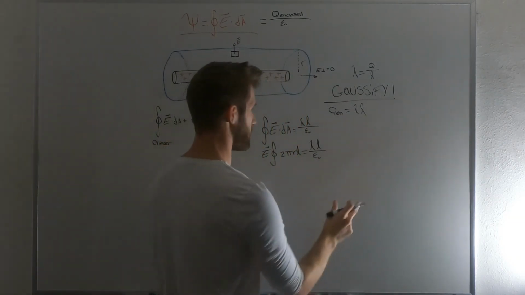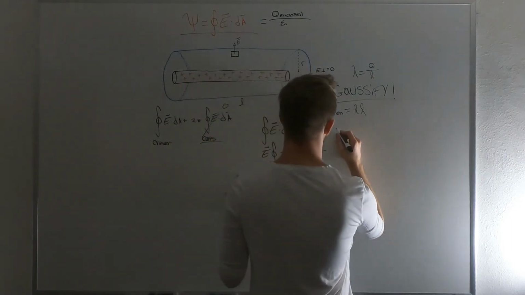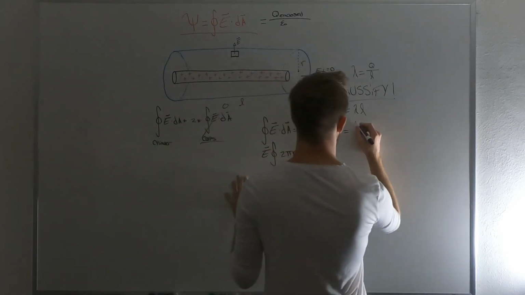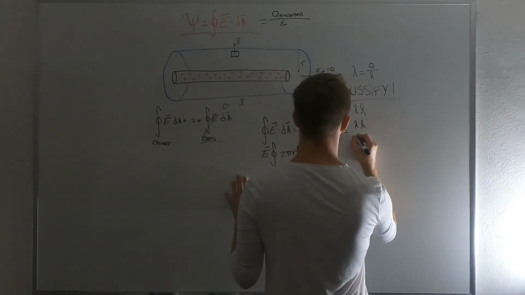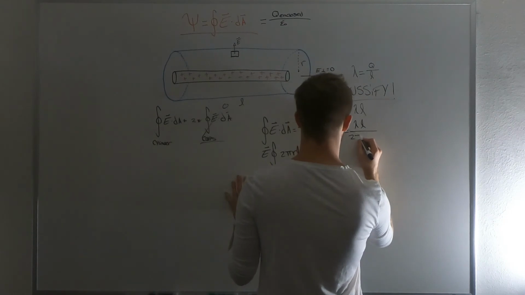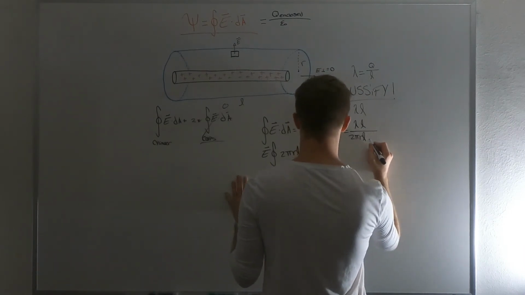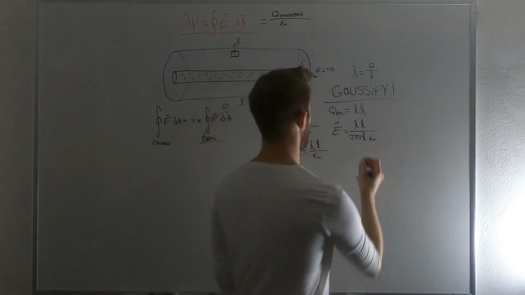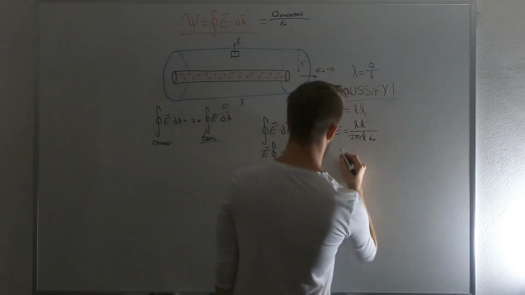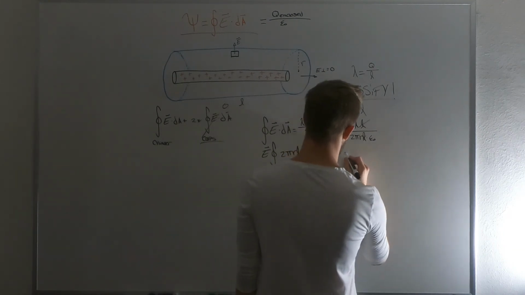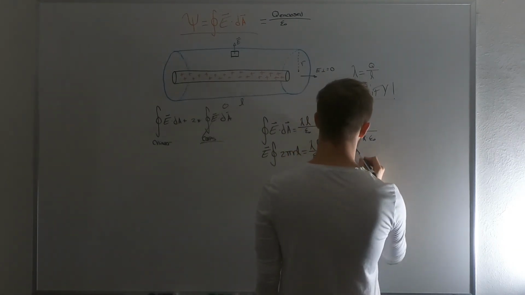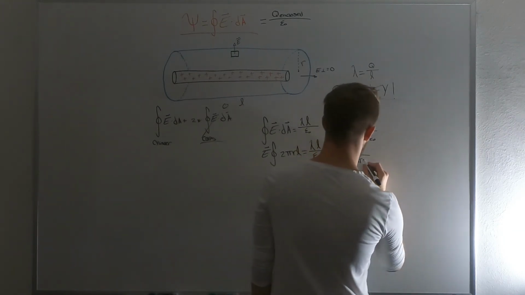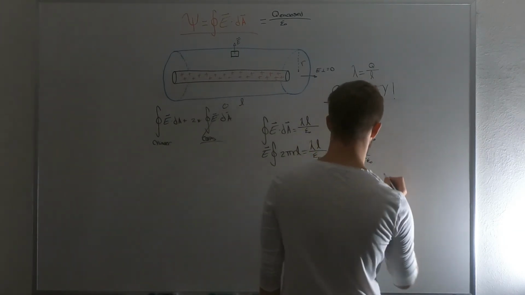So we're going to divide this all out, and we're going to end up with E equal to lambda times L over 2 pi R L times epsilon naught. As you can see, we can cancel the lengths, and we're going to have E equal to lambda over 2 pi R epsilon naught.